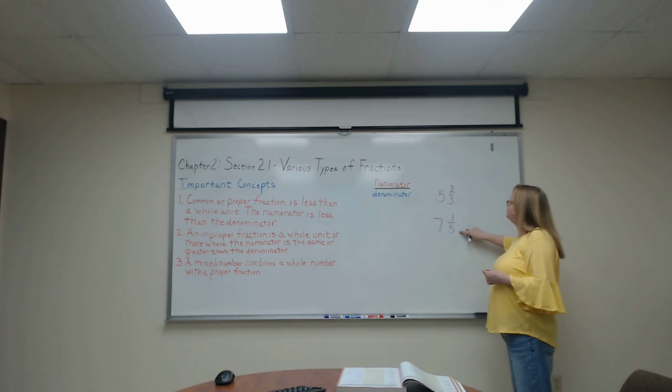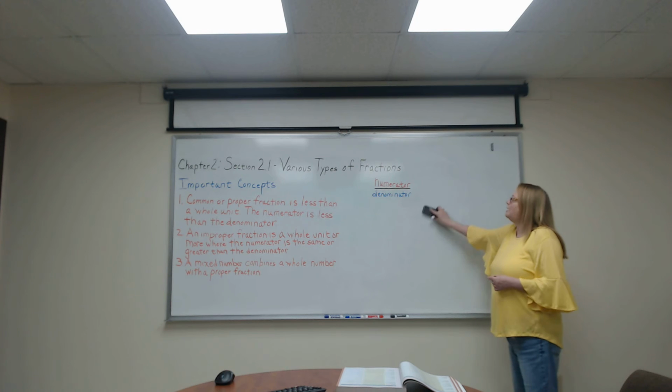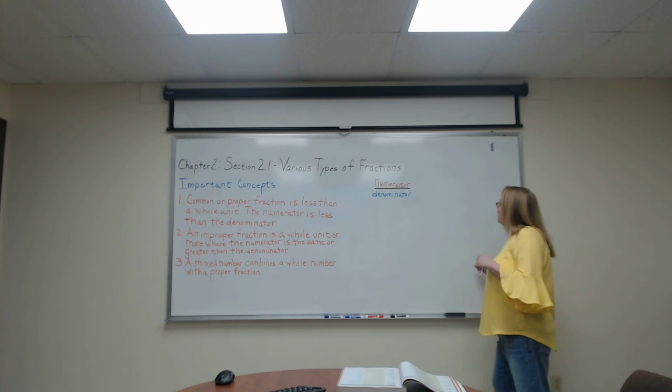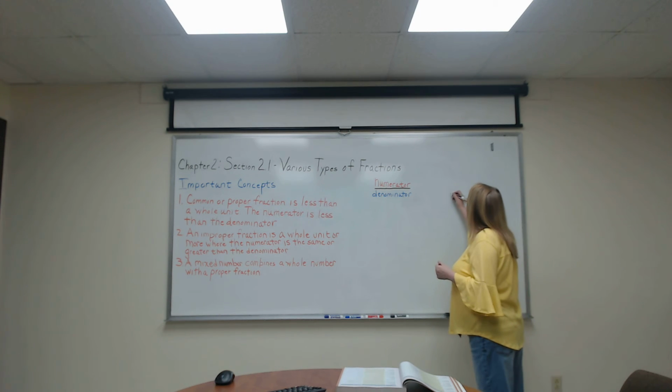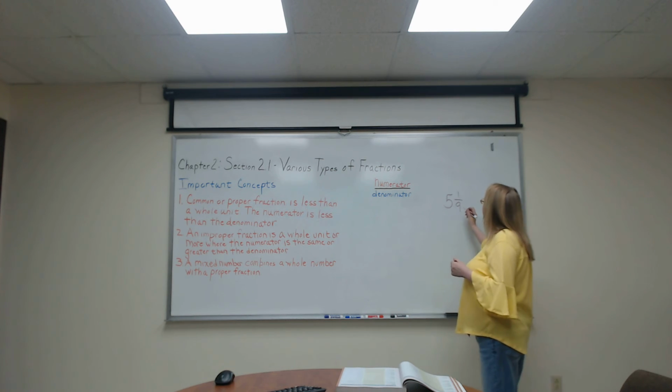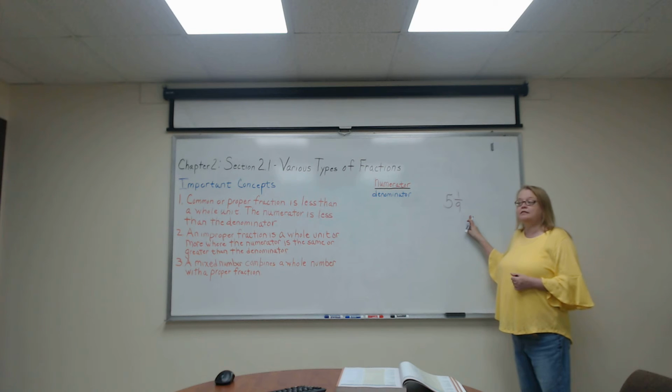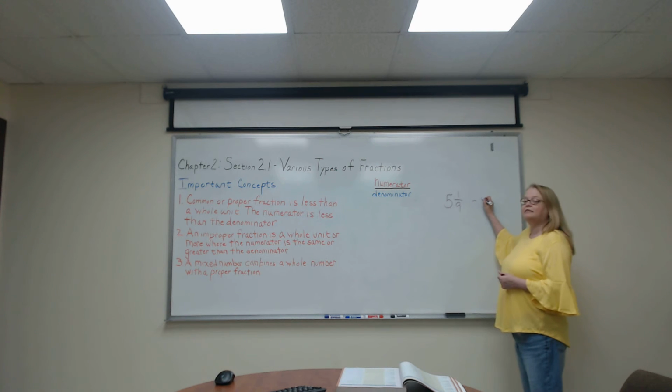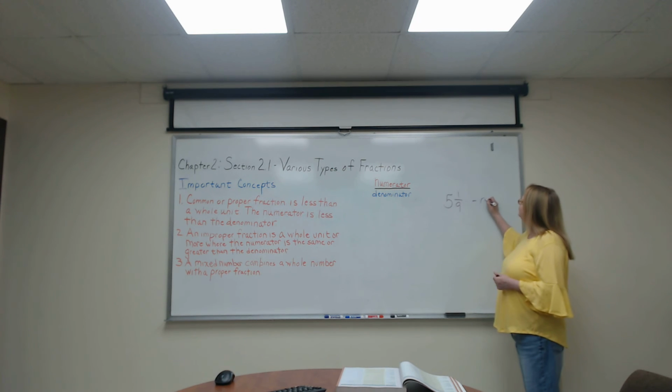So just to do a couple more to see if you can identify which type it is. If I gave you something that looks like this, 5 1/9, what type of fraction is it? Proper, improper, or mixed? Hopefully we said mixed.